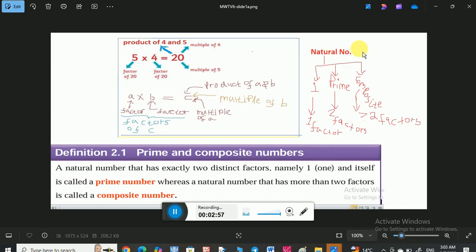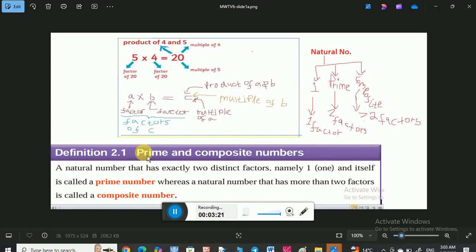Natural numbers can be divided into three different categories, depending on the kind of factors they have. Let us read this definition. This definition is given in school mathematics, grade 9 or 10, you can check it.